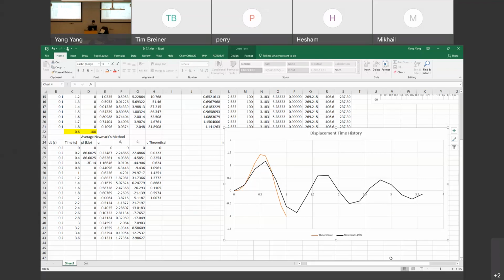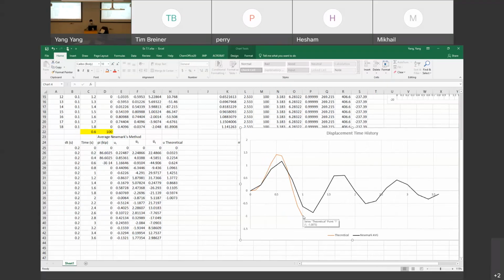Any questions regarding this example? And since this procedure is very standardized, I'm not going to show you how to use Excel. I believe you are already experts in using Excel spreadsheets, so I'm not going to spend time to teach you how to use the spreadsheet.